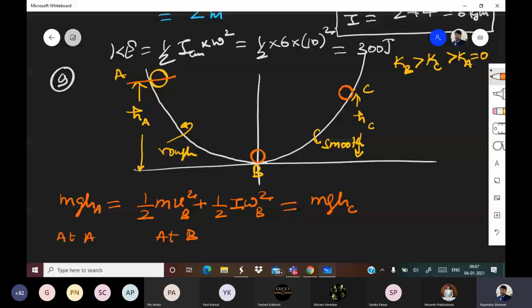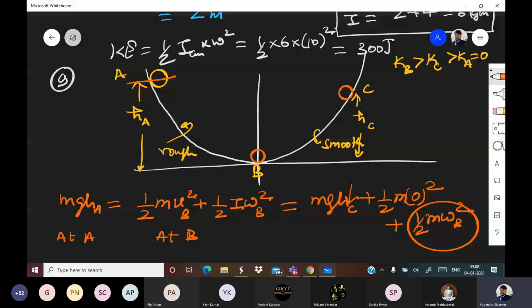So half I omega_B square. This part will remain unchanged. Why? Because the surface is smooth. There is nothing which can change its omega. So pay attention, because this part is there, h_C will be lesser as compared to h_A.